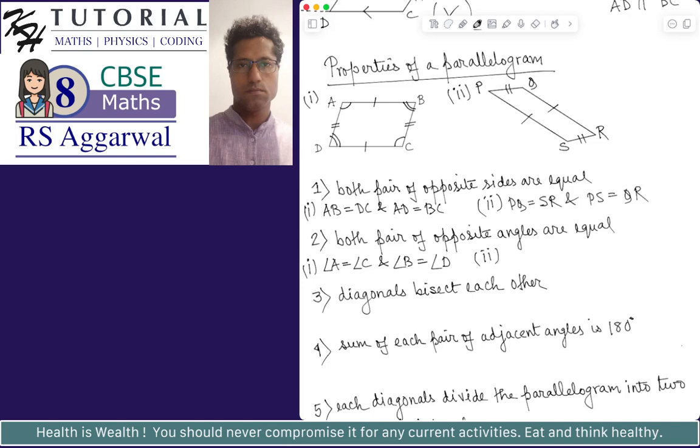For figure 2, we have angle P equal to angle R because they are a pair of opposite angles, and angle Q equal to angle S because Q and S are the other pair of opposite angles. So we must have angle P equal to angle R and angle Q equal to angle S.